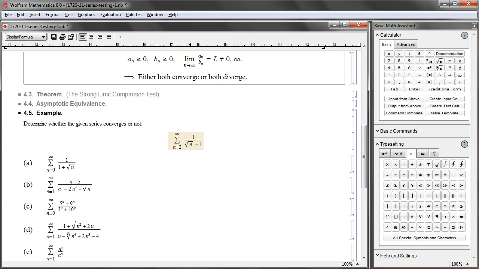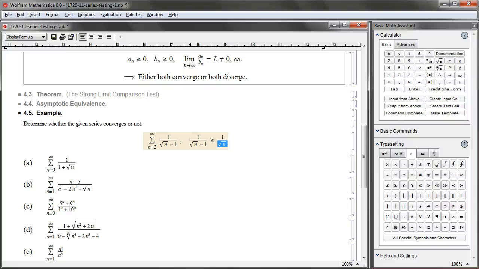If you have something like this, then it's relatively easy to use the comparison test. This one is greater than or equal to 1 over square root of n. Why? Because square root of n minus 1 is smaller than square root of n. If you reduce the denominator, then you are increasing the fraction, isn't it?